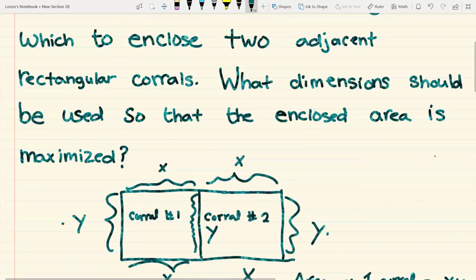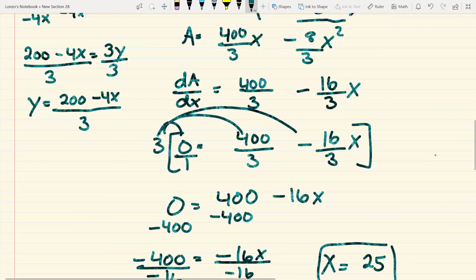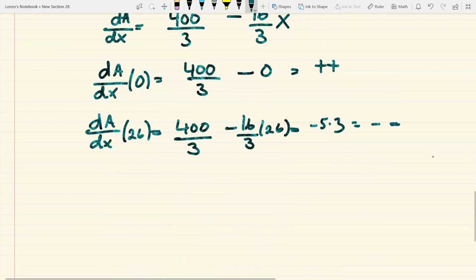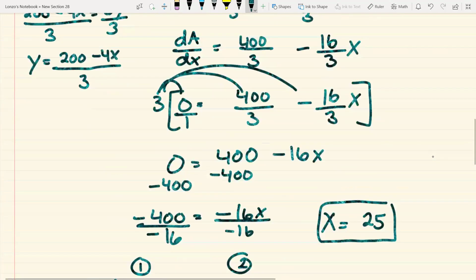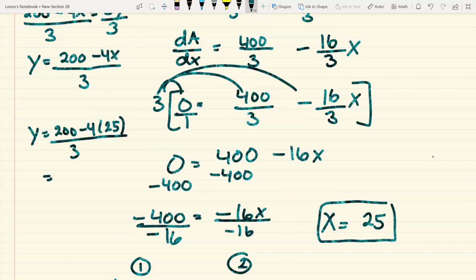They're asking what dimensions should be used. We found our x, right? Our x is 25 feet. And then how do you find your y? Our y value is (200 minus 4x) over 3, which is 100 over 3.